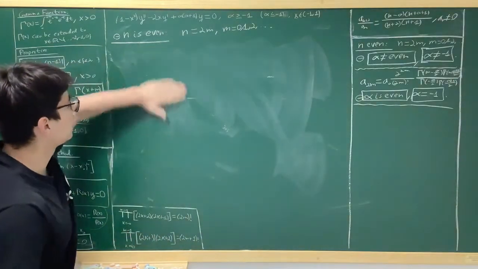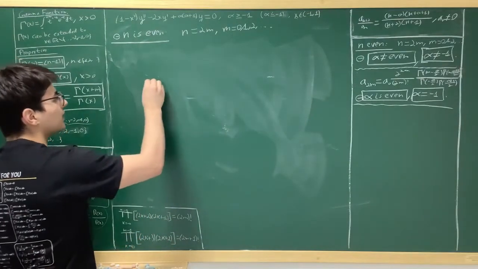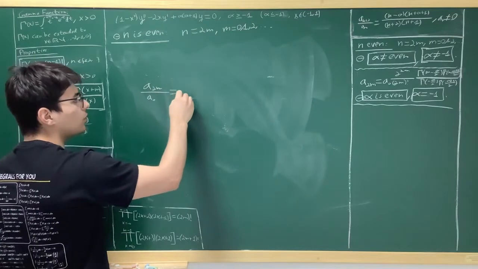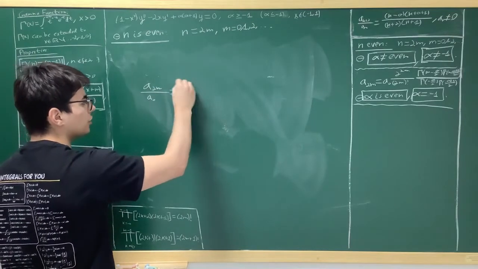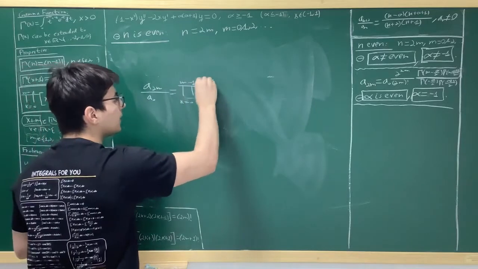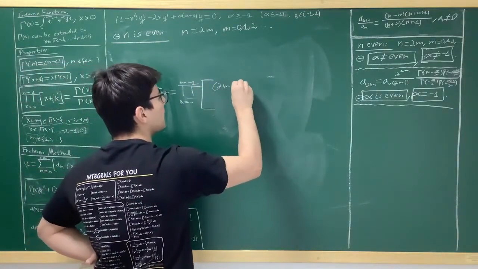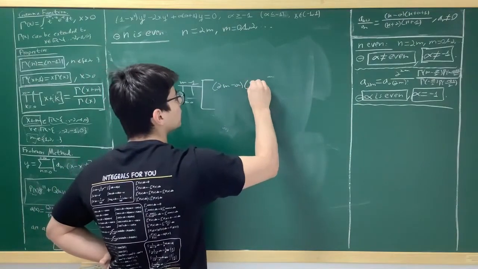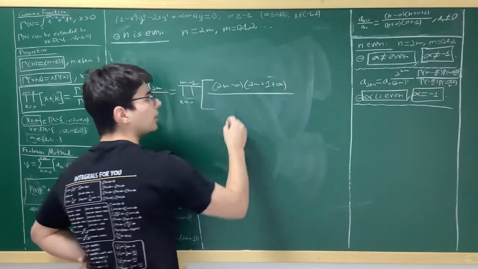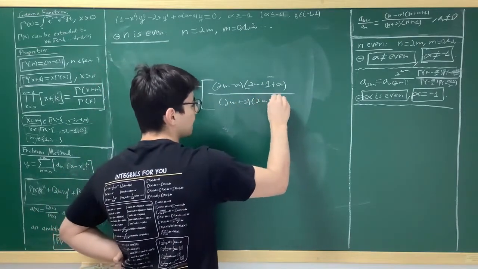In that case, we can actually just leave it as the recurrence relation. So what we had was that a to m over a naught was equal to the product, right? And this product is just, substituting again, 2m minus alpha, 2m plus 1 plus alpha, over 2m plus 2, 2m plus 1.